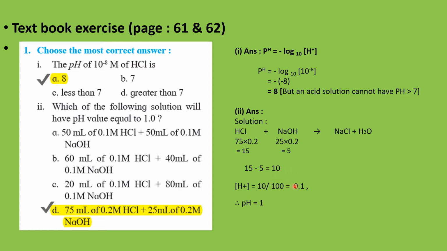So 10 upon 100 is equal to 0.1. So the molar concentration of H plus ions in this solution is 0.1. Therefore, pH is equal to negative logarithm to the base 10 of 0.1, which is equal to 1. The correct option is 75 ml of 0.2 molar HCl plus 25 ml of 0.2 molar NaOH.